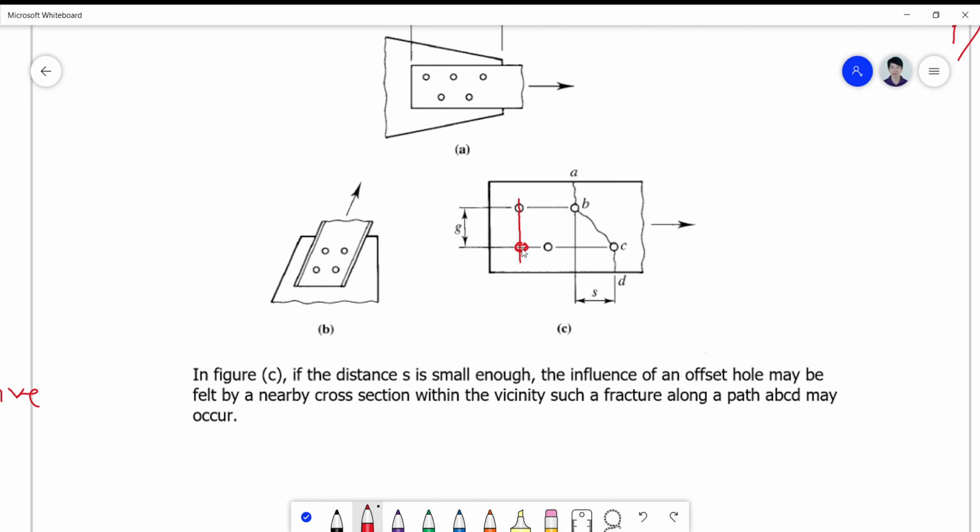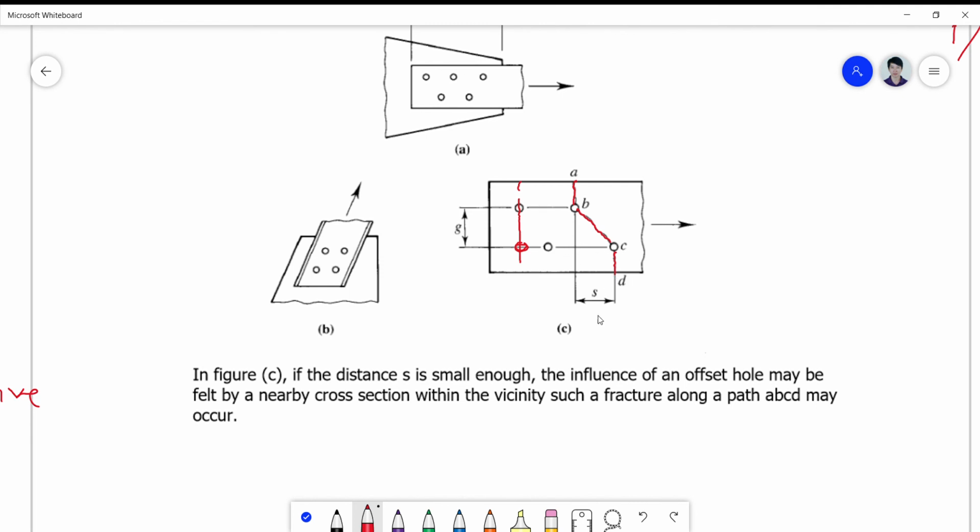But it must be small enough so that the fracture path, let's say we now look into this path, the fracture path along this line will only be felt by the hole here. Okay, so it will go here before exiting at point B.